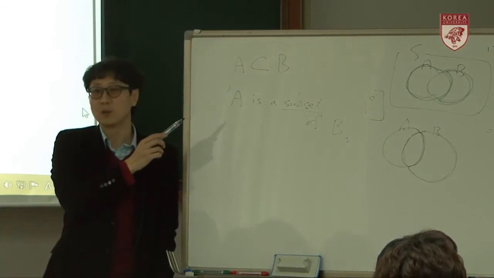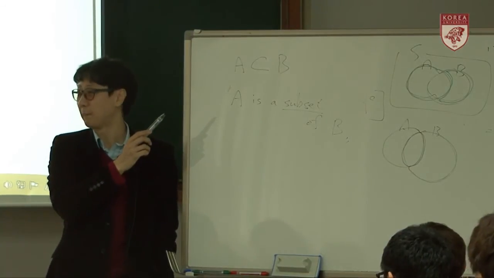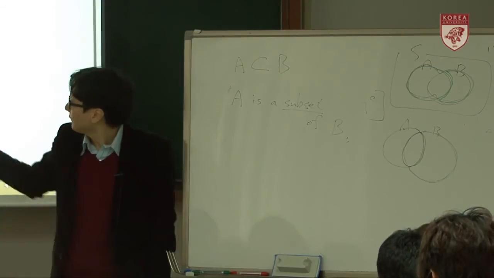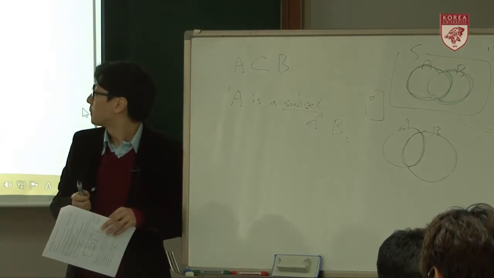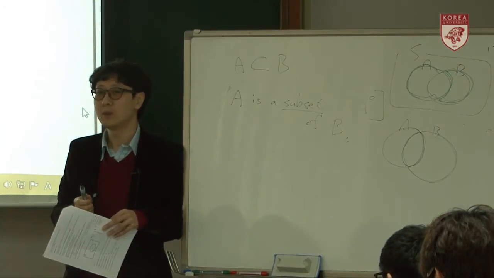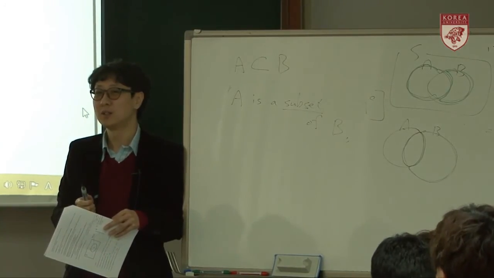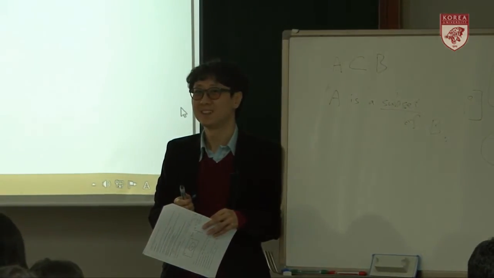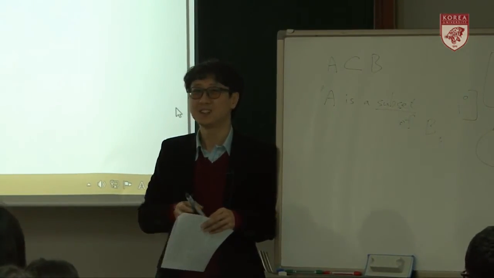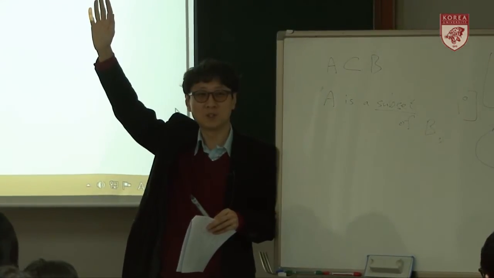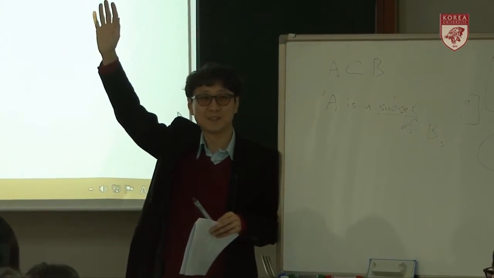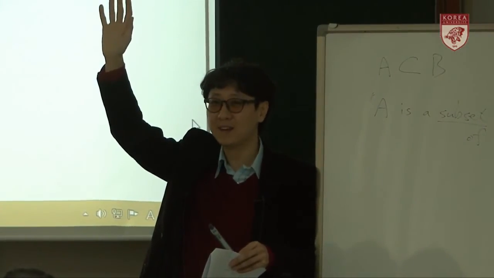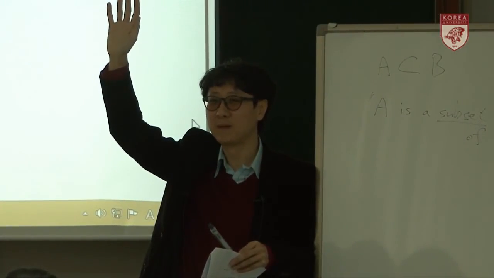What's a subset in Korean? 부분집합. Yes, 부분집합 is a subset. If A is a subset of B, the probability of A should be less than or equal to the probability of B. Can you prove it? Is there anyone who can prove this one? Intuitively it's right, but can anyone prove it?